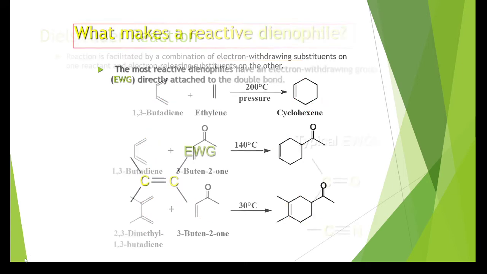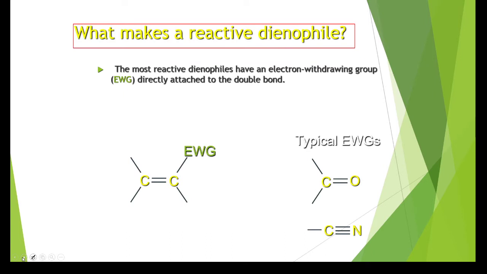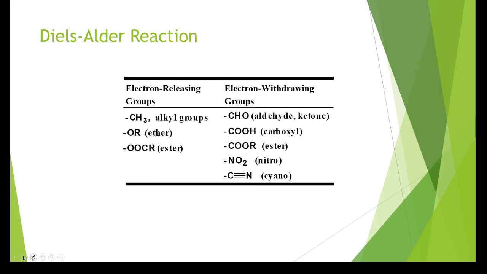Okay. So my dienophile, I'm looking for an electron withdrawing group: a carbonyl carbon, a nitrile group, something like that. Good electron withdrawing groups that I want to see on my dienophile: aldehyde and ketone groups, carbonyl carbon stuff.